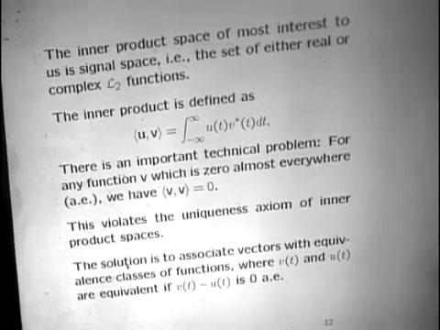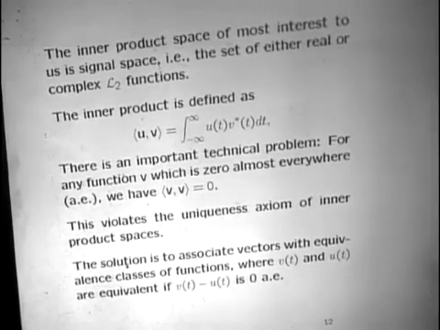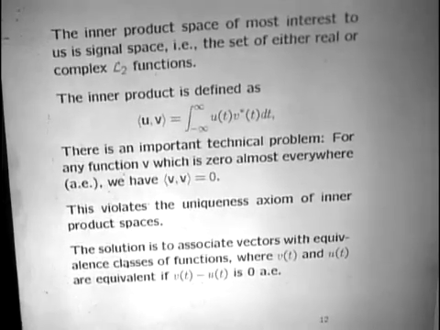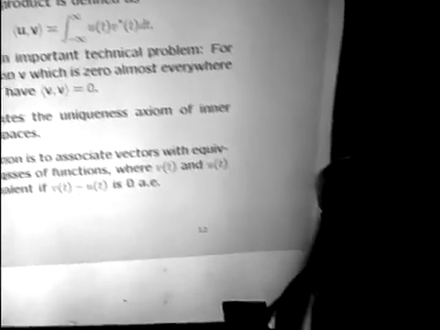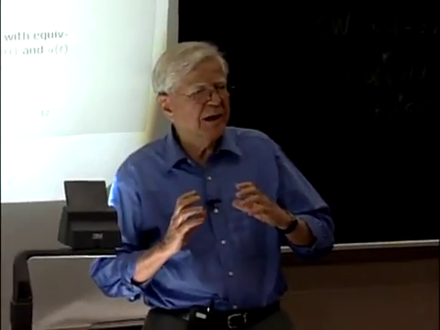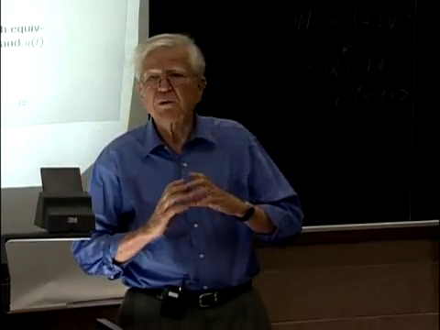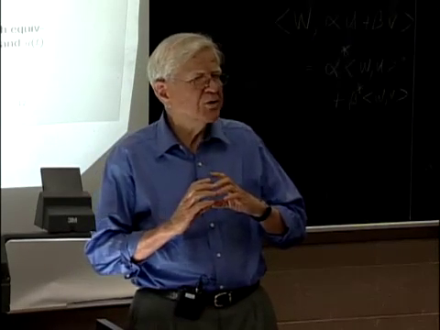So what do you do? Well, you do what we've been doing all along. We've been sort of squinting a little bit and saying, well, really, these functions of measure 0 are really 0 for all practical purposes. Mathematically, what we have to say is we want to talk about an equivalence class of functions. And two functions are in the same equivalence class if their difference has 0 energy, which is equivalent to saying their difference is 0 almost everywhere.